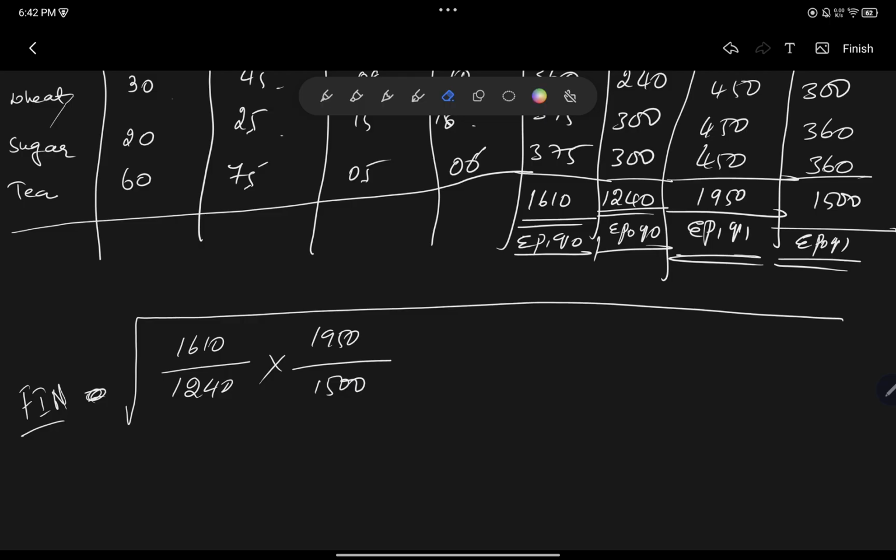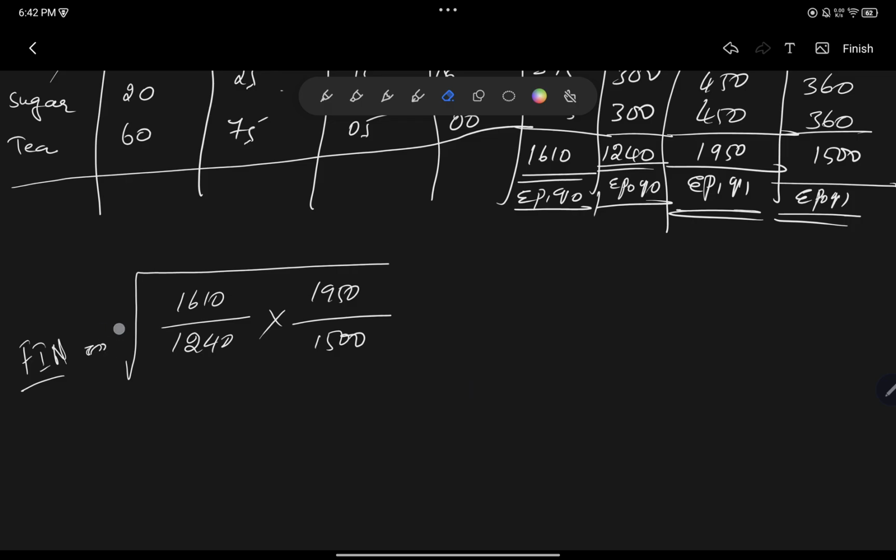So now what I need to do is, this is into 100 outside, not inside the square root.